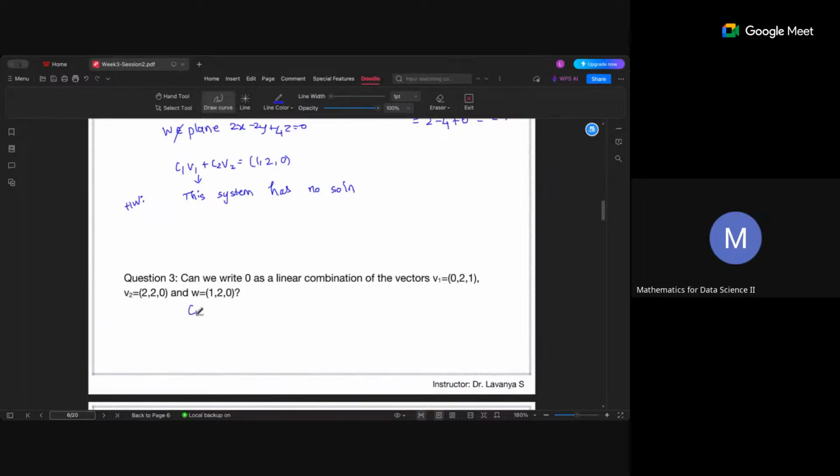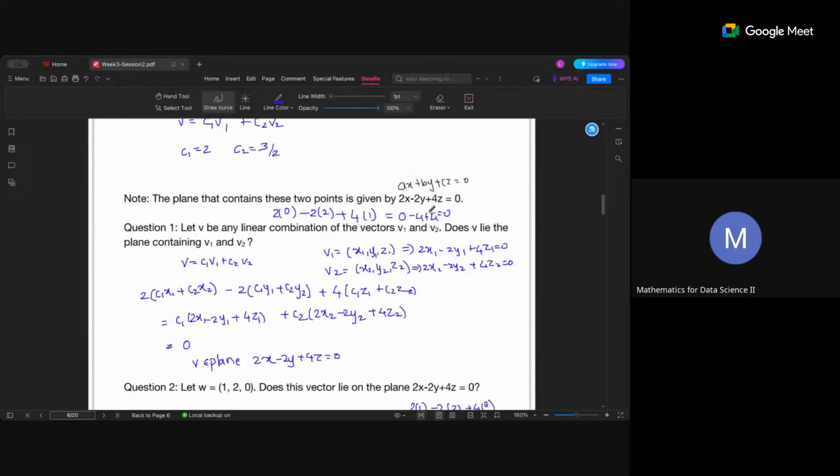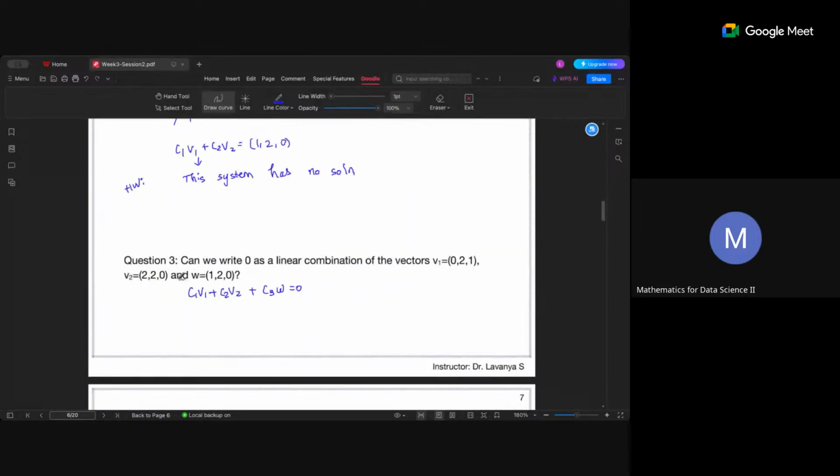Let us consider C1 V1 plus C2 V2 plus C3 W is equal to 0. Now we know that V1 and V2 are from this plane, and W is a point which is outside the plane. Now we want to see what the solution of this equation is.